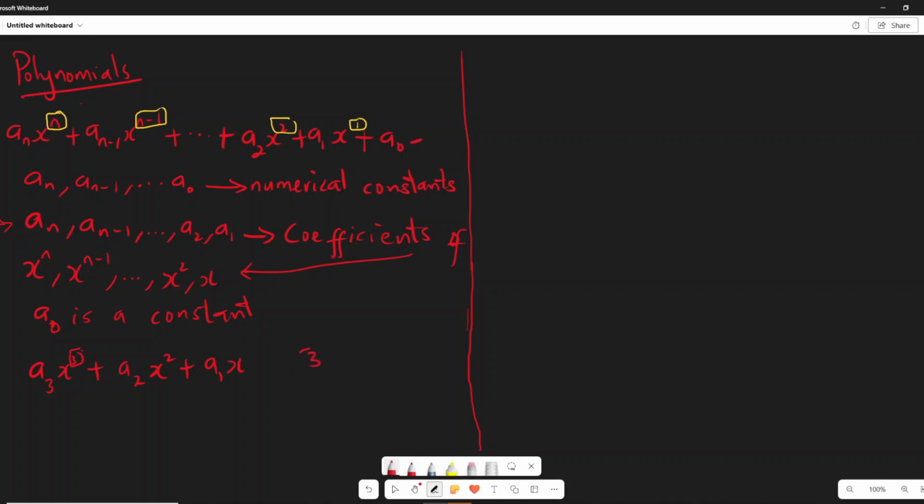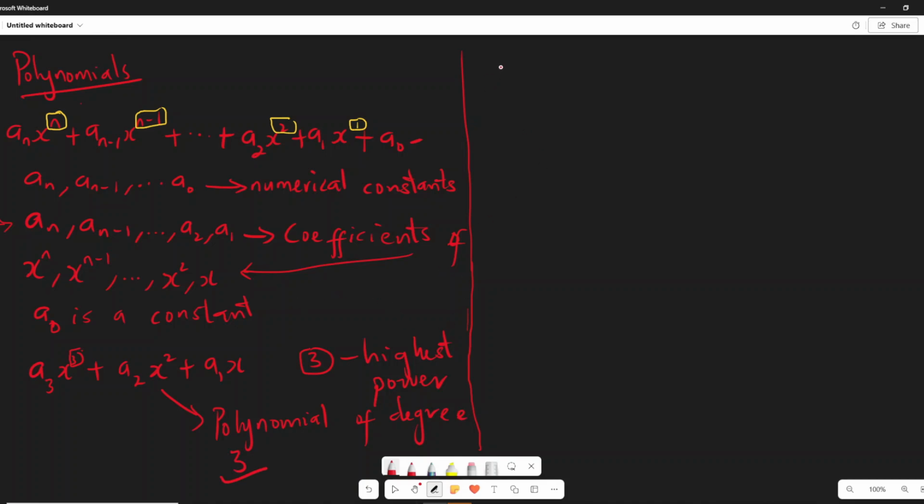If 3 is the highest power, it is also called the degree of the polynomial. So this is a polynomial of degree 3. So the highest power informs us of what the degree would be.